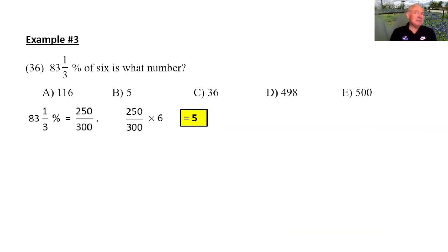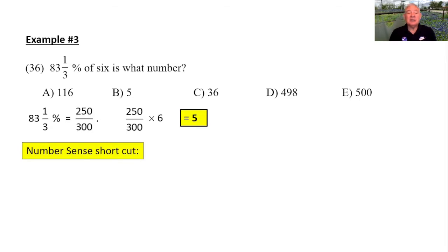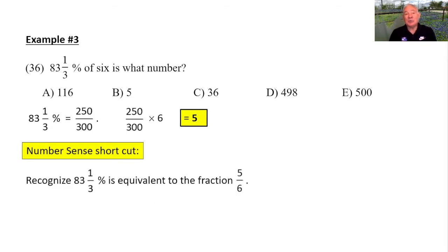What would be quicker is if you knew the number sense shortcut, or memorized, that 83 1/3% is equivalent to the fraction 5/6, then it would simply be 5/6 times 6. And of course, that is just equal to 5.